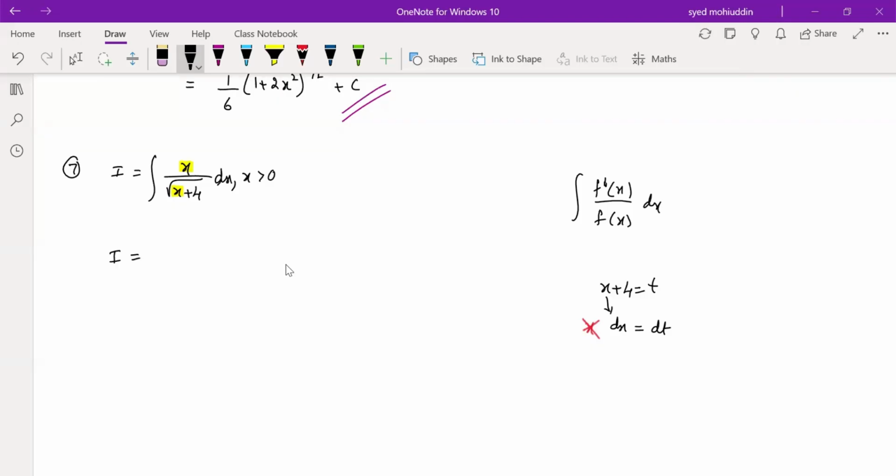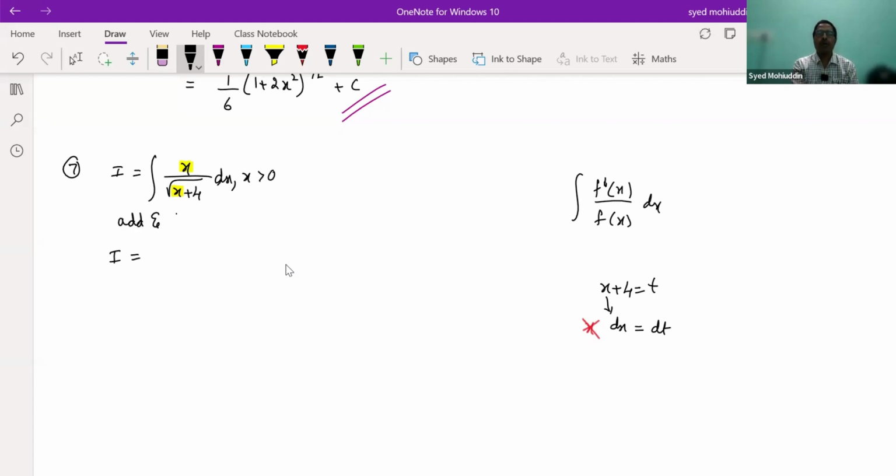We can replace this by x plus 4, right? Without taking the root, no, we cannot do that. So the best way is you have to add and subtract 4 in the numerator. That is the only possibility that you have, so that you can get x plus 4.